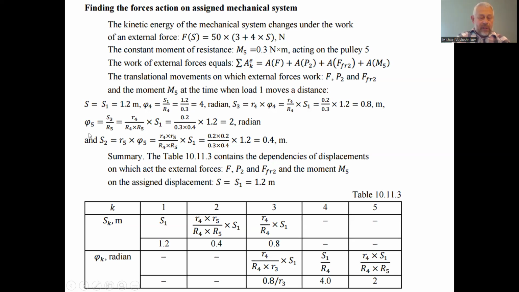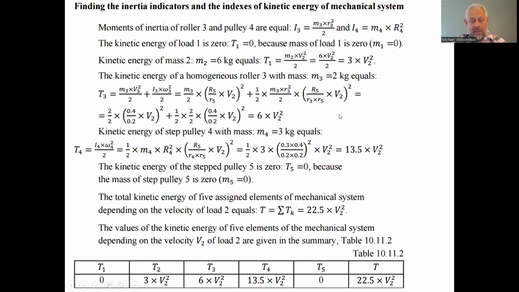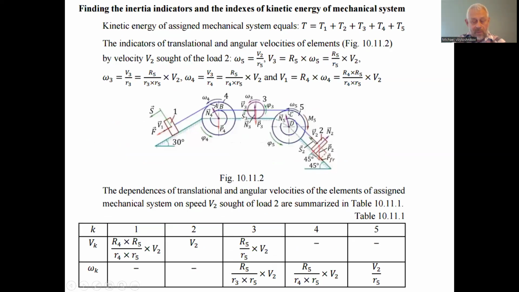What will be the angle of rotation of the fifth pulley in the direction of the external resistance moment? This is equal to the translational motion of the roller, the same as the point C moves here.